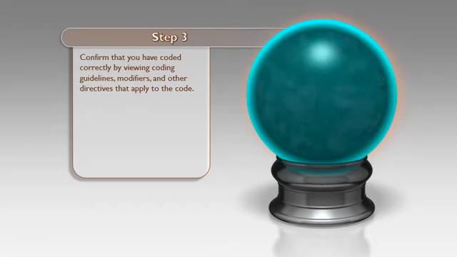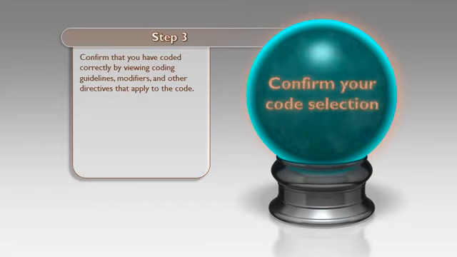So if you didn't like to read before coding, you need to find a way to love to read, because that is going to be your friend. Reading it and ensuring that you have all of the guidelines you need to code and select the proper code. So step 3, confirm your code selection.